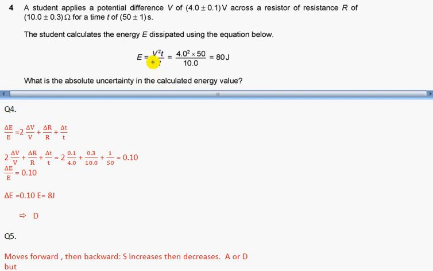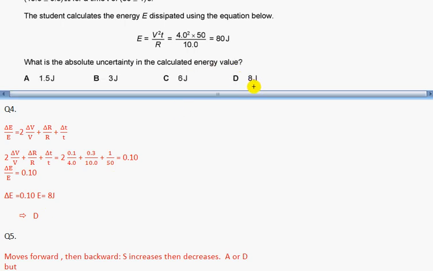For V squared it will be 2 times uncertainty for V. So we have percentage uncertainty in energy equals 2 times percentage uncertainty in V plus R and t. So we add this uncertainty, so we get 0.10. So percentage uncertainty, actually fractional uncertainty, is 0.10. Then moving E to the right, we get absolute uncertainty. It will be 8 joule. Answer is D.